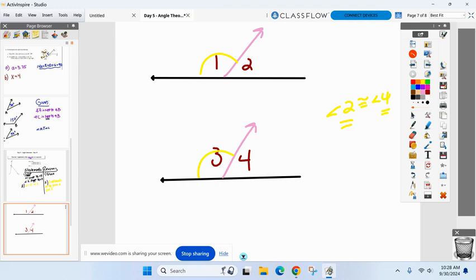Supplements of congruent angles are congruent. I know it's very similar to the last one, but again, are 2 and 4 supplementary to the same exact angle? No, but they are supplementary to congruent angles. You've got to see the difference between the two. Yes, we're good? Okay, let's try a proof out with it.